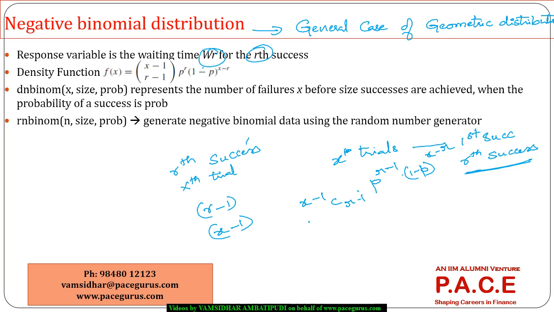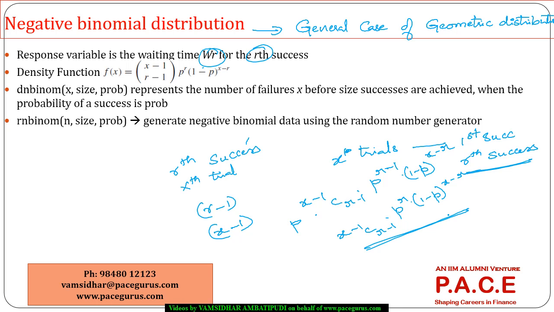And now in the xth trial there is a success, so the p. So overall it becomes x minus 1 C r minus 1, p to the power of r, 1 minus p to the power of x minus r. So this is the density function that is associated with the negative binomial.